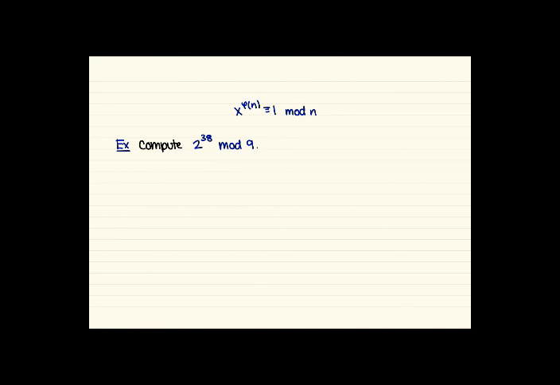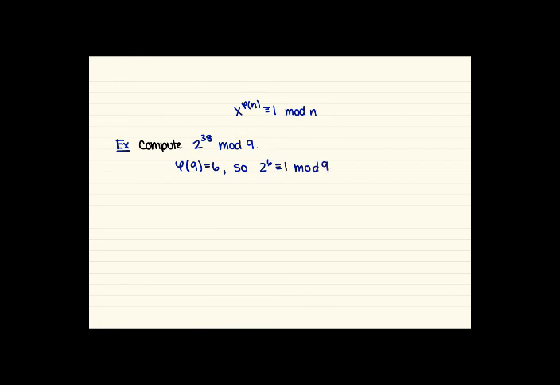So I'll show you what I mean by that. For 2 to the 38th mod 9, once again we're working with a modulus of 9, so we're using phi of 9 equals 6. So we still have 2 to the 6th is congruent to 1 mod 9.